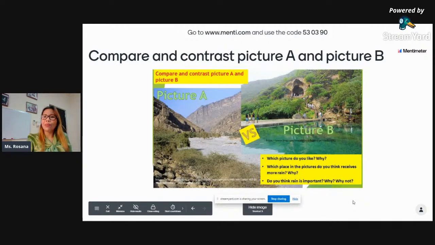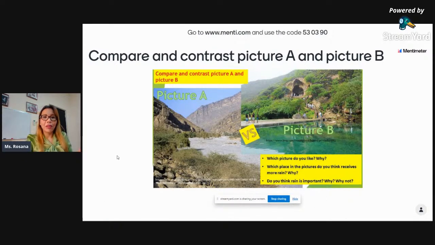Now, if I ask you, is water important? Is rain important? What do you think would happen if there was no rain? Or what do you think would happen if there was not enough water in the world? Will that be a problem? Yes or no? Okay, so you've got different opinions, right?